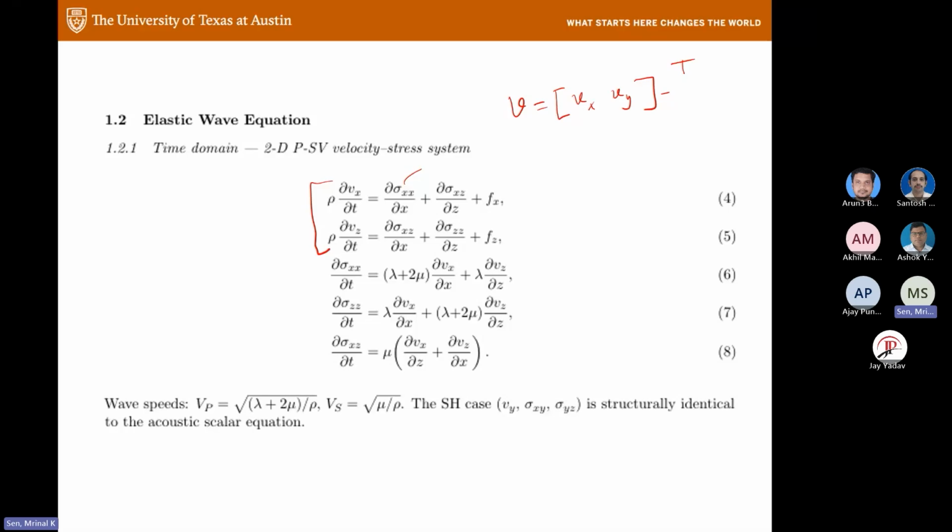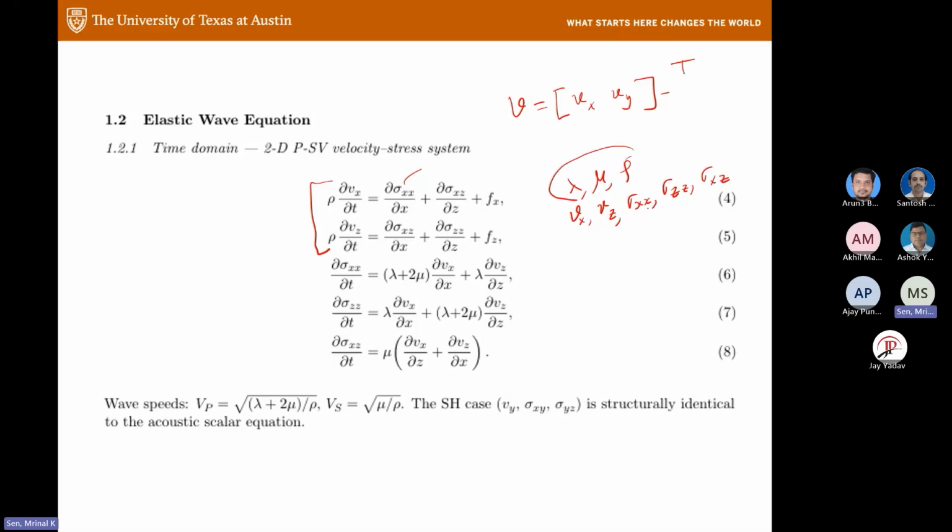So when you take a 2D wave equation here, I have three model parameters, lambda, mu, and rho. And then I have Vx, Vz, I have sigma xx, sigma zz, and sigma xz.